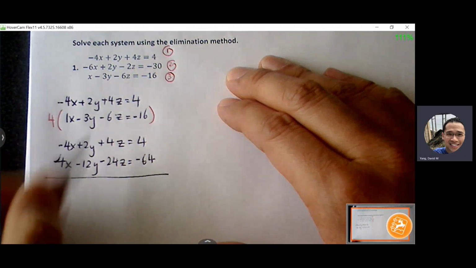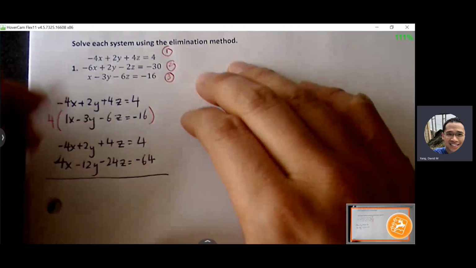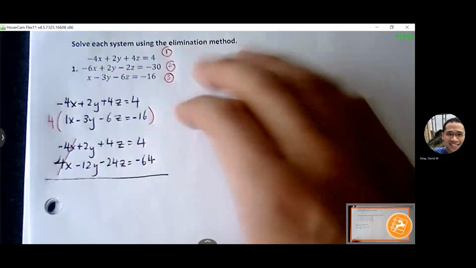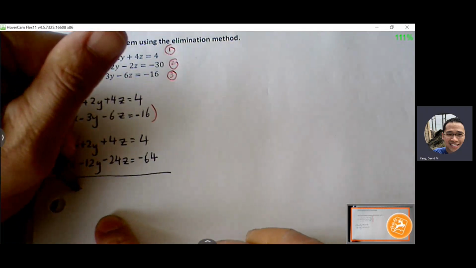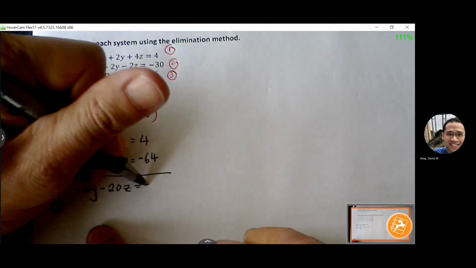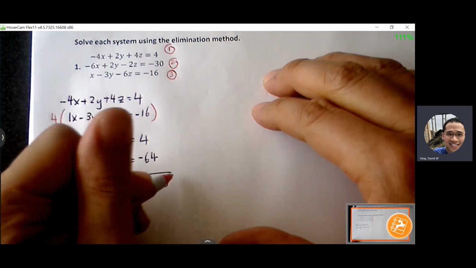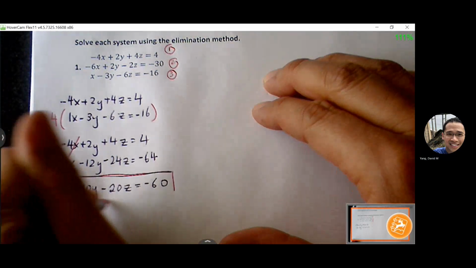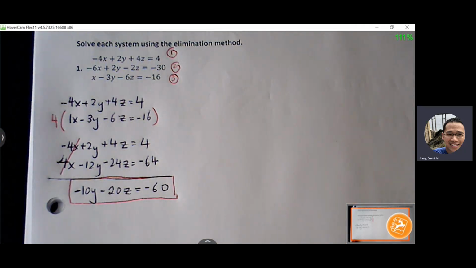So now I'm just going to add up all the like variables, and I'm hoping the x's go away, and they do. And then I've gotten it down to 2 variables, which is what I want. Okay, so I'm going to come back to this, but I've achieved my first goal, which is getting my 2 equations down to just 2 variables.